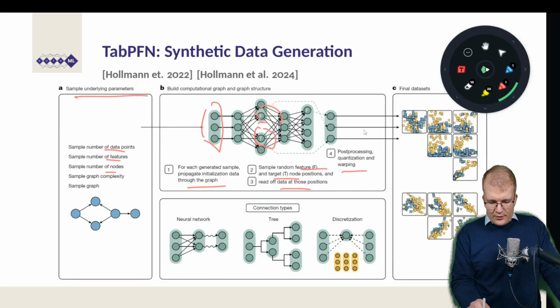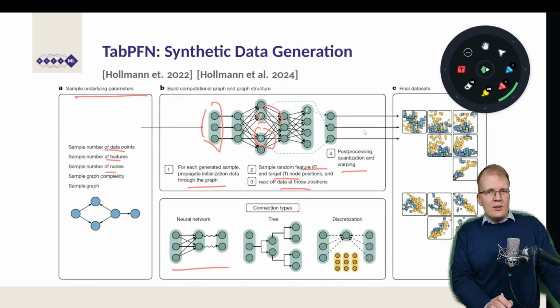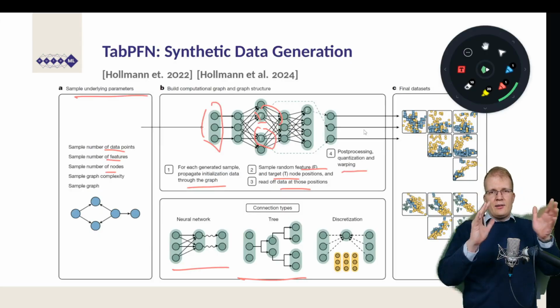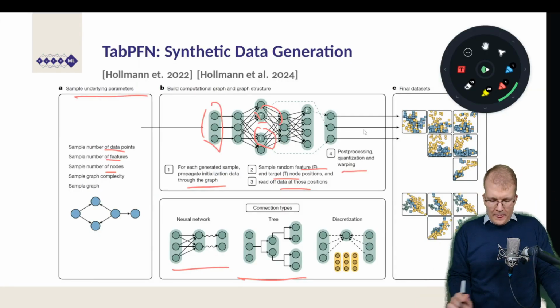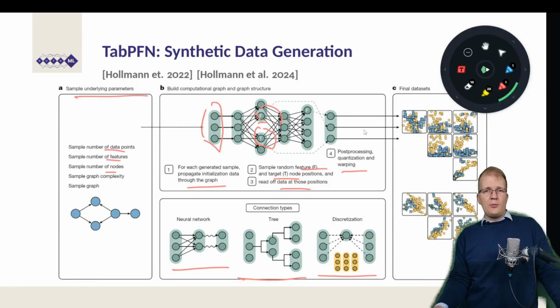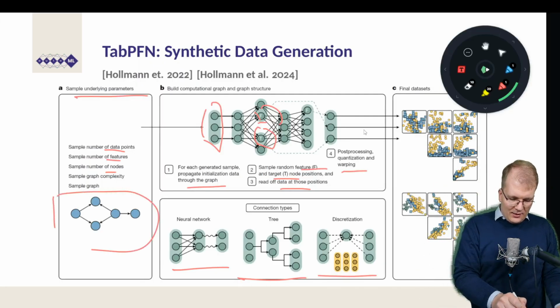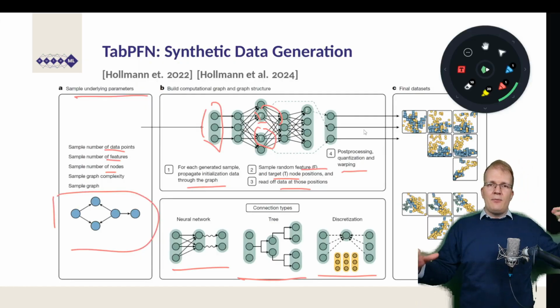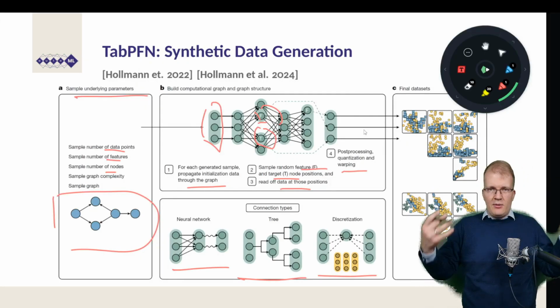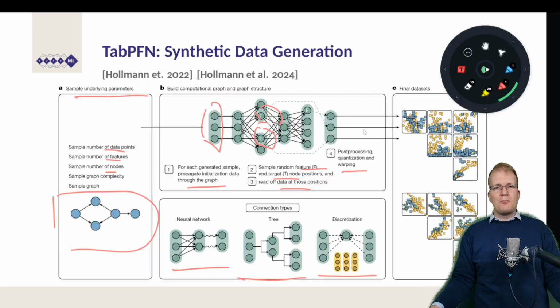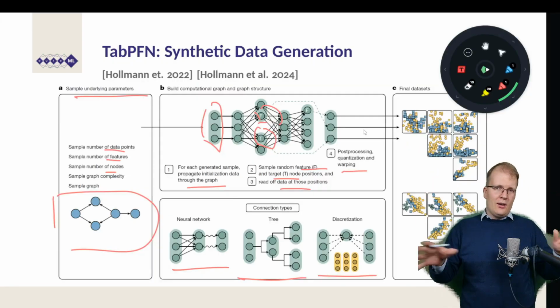It could also involve some post-processing, quantization, warping at the very end. But the important point is, with these kinds of graphs, we can actually simulate neural networks. We can have a tree structure, where we have axis-aligned splitting of data, or we can also do discretization along this computational graph. That graph is sampled at the beginning, and then data is fed through, and we can get synthetic data with certain properties out of that, and do that over and over again.